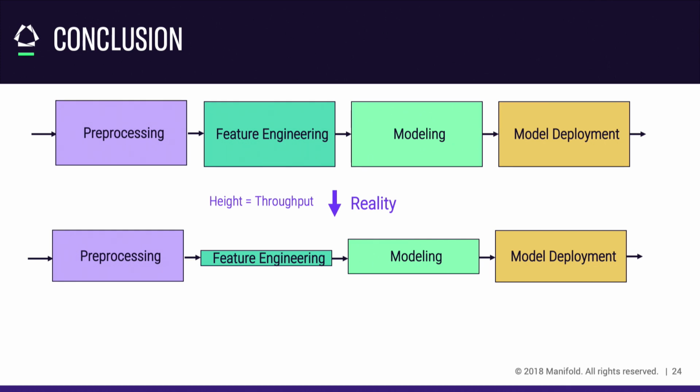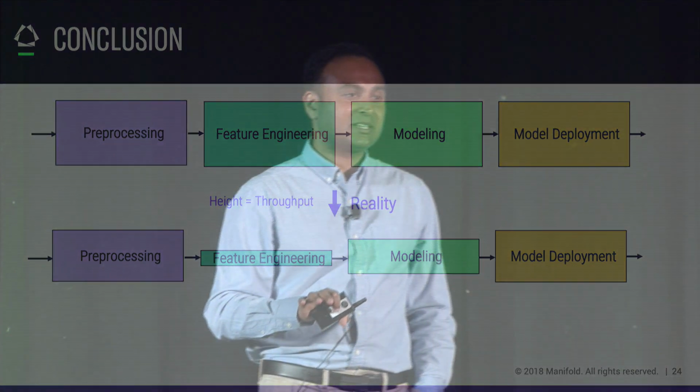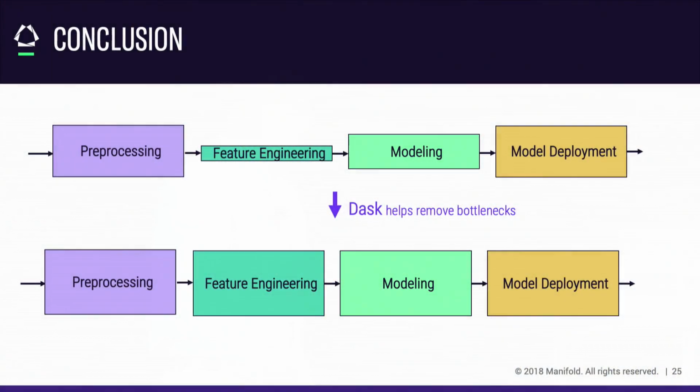Then they start to become your bottlenecks, and your full model pipeline is only as fast as your slowest stage in the pipeline. In this case, for example, your feature engineering block becomes a limiting factor. And this is how Dask helps to remove those bottlenecks.